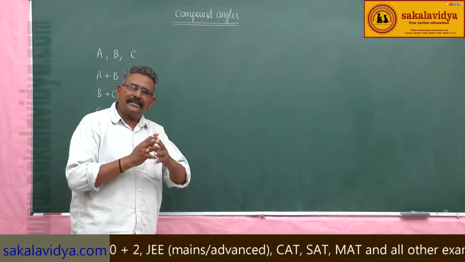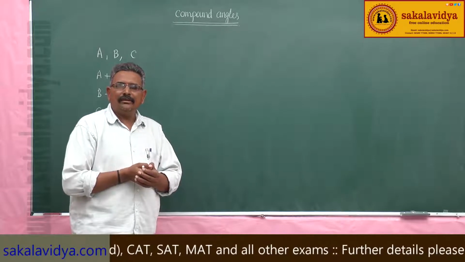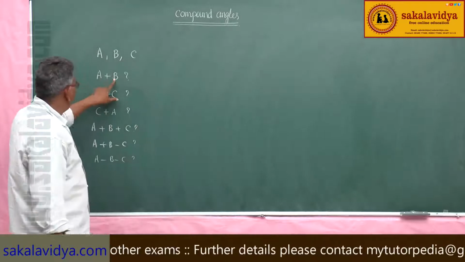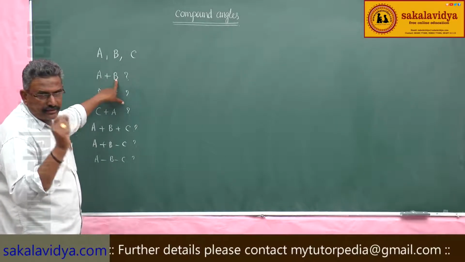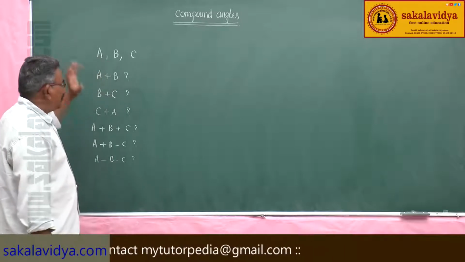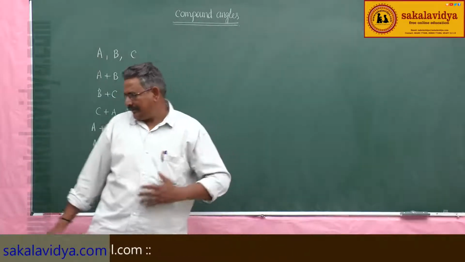The algebraic sum of two or more angles is called compound angle, whereas A, B are called each one constituent angles. So, now let us find out the trigonometric ratios of compound angles.